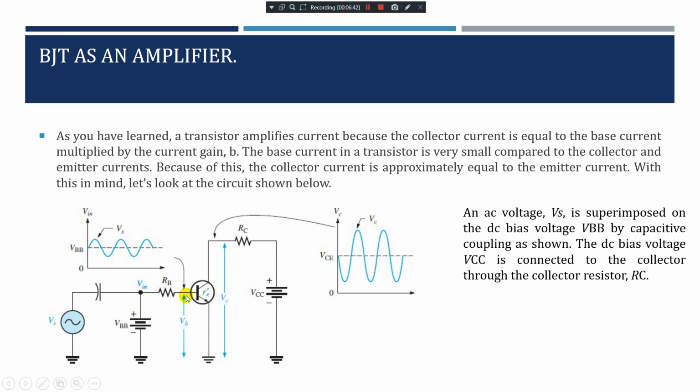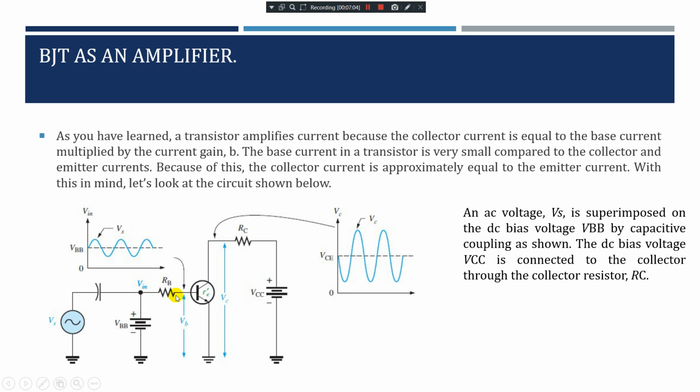Your base is connected via RB with your VBB voltage, which is also connected through a capacitor to Vs, that's nothing but Vs superimposed on a DC bias. Okay, we'll see how the amplification takes place.